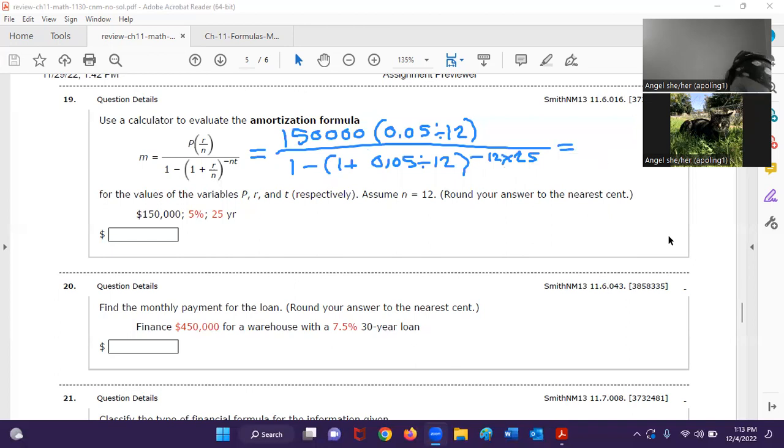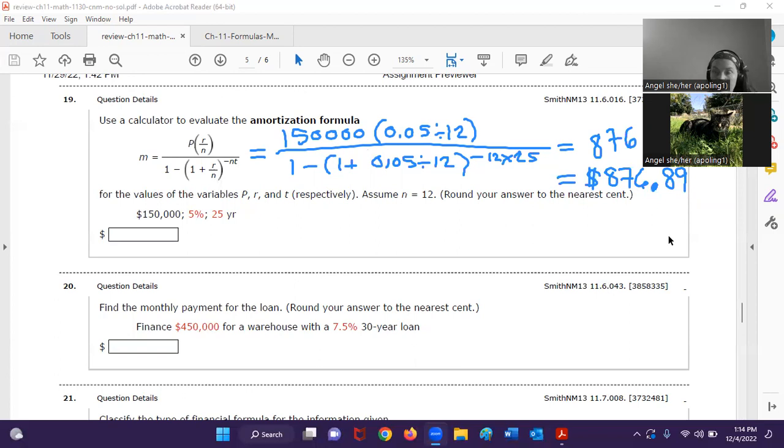Just, can you stick it in a calculator? Can you round correctly? If yes, then you get the points. If no, then you do not get the points.